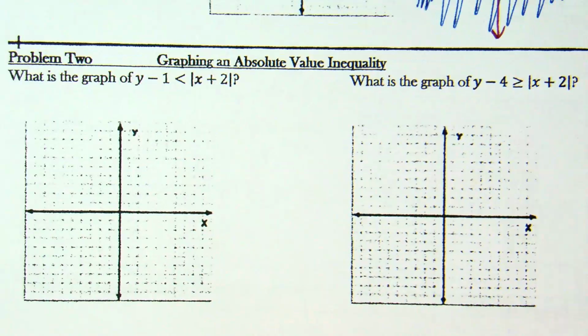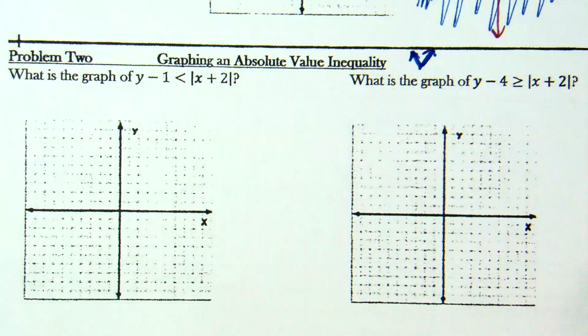Now, the rest of this, the rules are still going to be the same. We're still going to ask, is it a solid or dashed line? And we're still going to ask, can we shade above or below? Now, one thing I would say, though, always start with y by itself. And it'll look a lot like what you've already grabbed. So instead of y minus 1, what do I want to do with this first one?